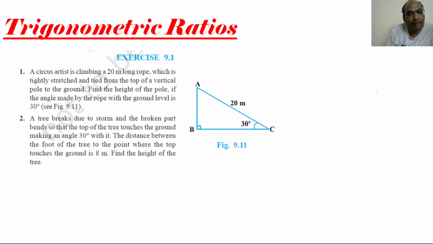It is the application of trigonometric ratios, so that's why the heading is given as trigonometric ratio. But before starting the question, I would like you all to remember what we discussed in exercise 8.1 related to a right angle triangle.